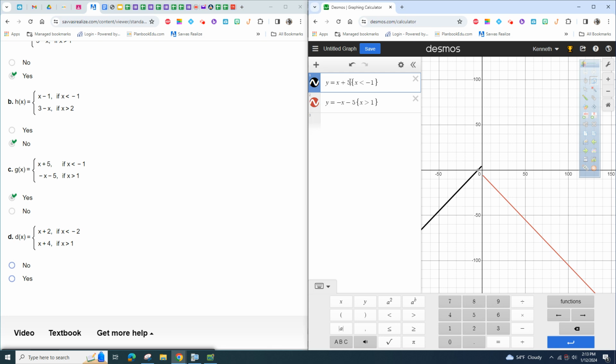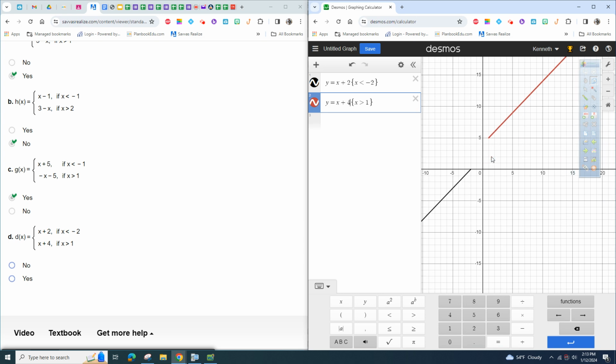And then lastly, D. So it's x plus 2, and negative 2 here, and then x plus 4 and greater than 1. All right, here we go. So is this coming from negative infinity? Sure. And does it make it to 4?